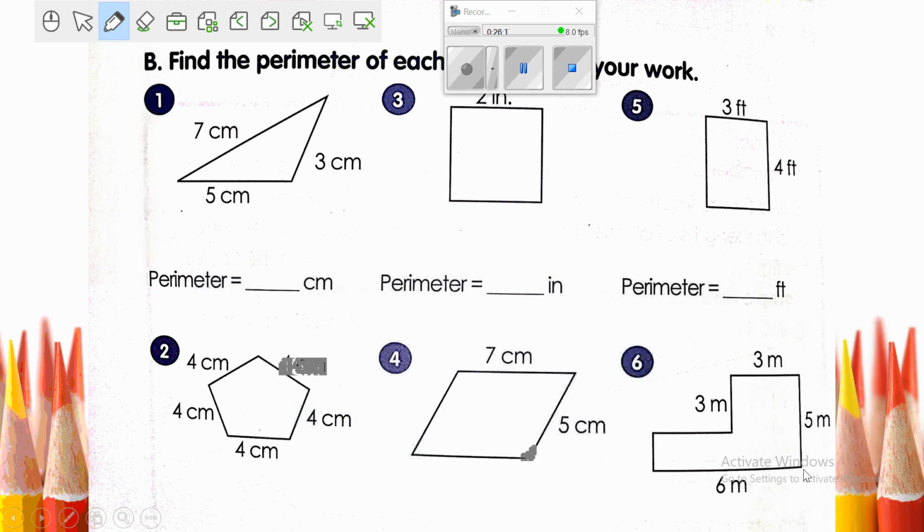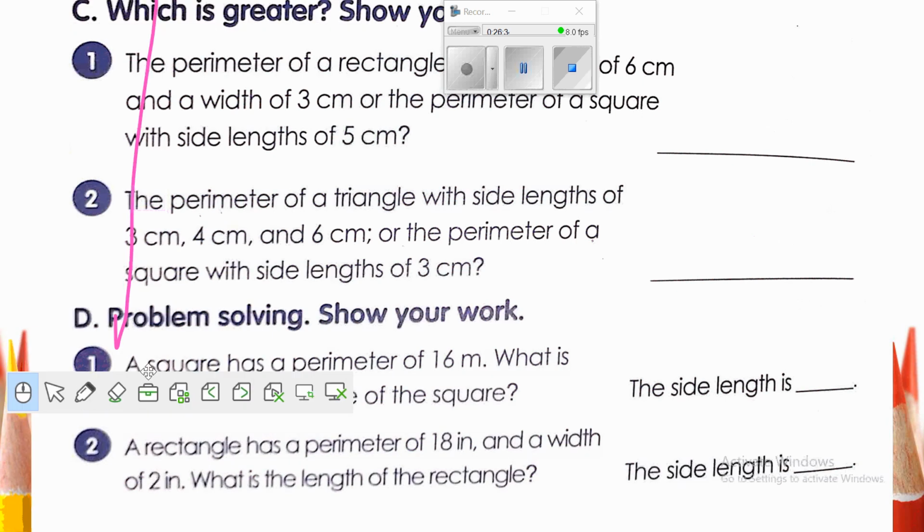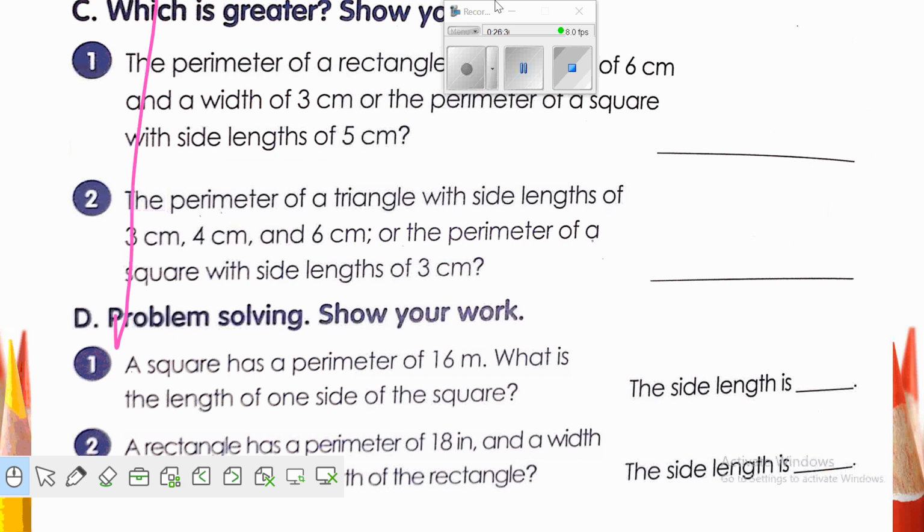Now here is 5, here is a 3. With the number, if I add it to 3, it will be 5. Excellent, 2. So you have to find it and add all of them. Now here, which is greater, and show your work.